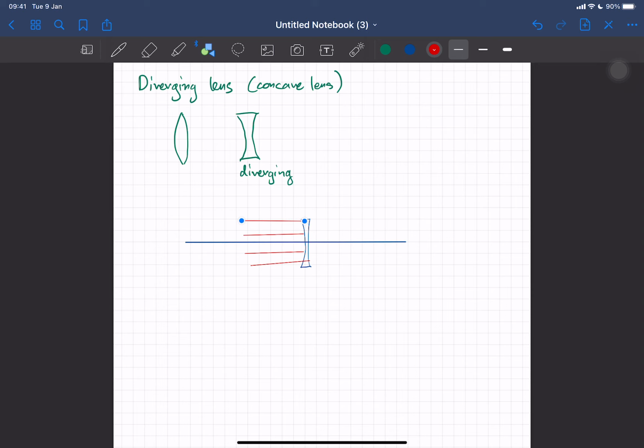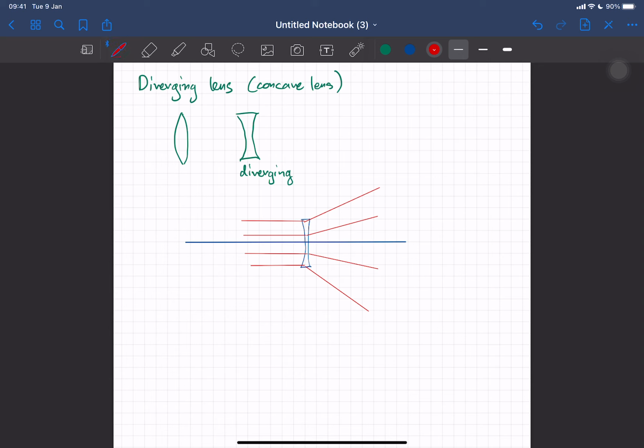one here, two here, three here, and then four here. Okay, so what happens is that these light rays will get diverged away from the center line, so they will go like this, like this, like this, and then like this.